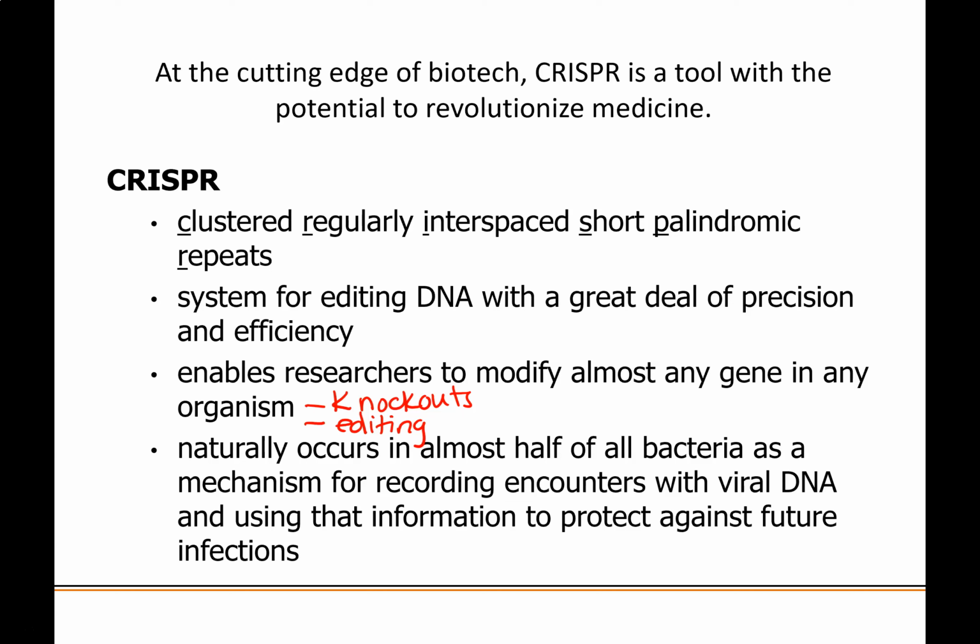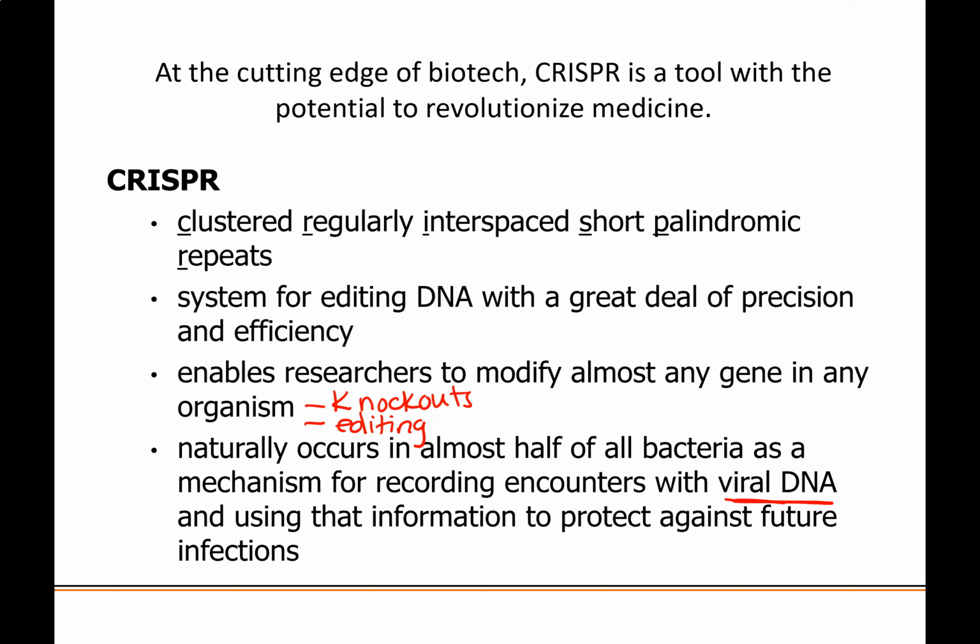But first, before we talk about that, let's talk about where CRISPR comes from. CRISPR was isolated in bacteria, and as I said, it's essentially an immune response that acts as a mechanism for remembering viral DNA infection. And when it registers that viral DNA infection, it protects against future infections.